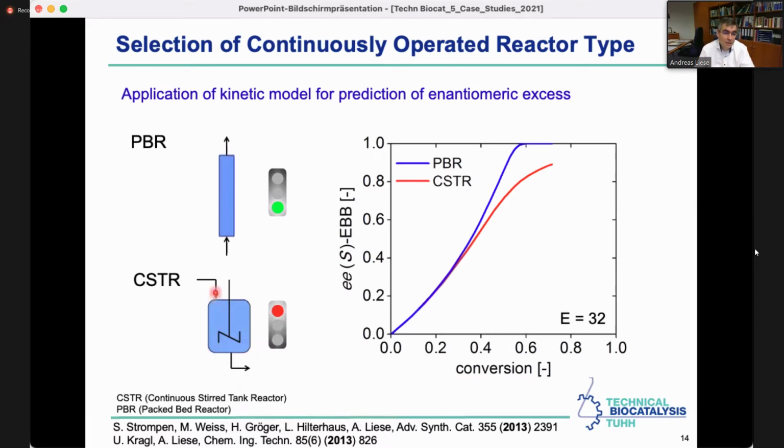In the CSTR, we have the volume element that enters here, twirling around for an hour, but constantly we add one-to-one racemic mixture. And so we're destroying what we're generating in terms of enantiopurity with the enzyme.